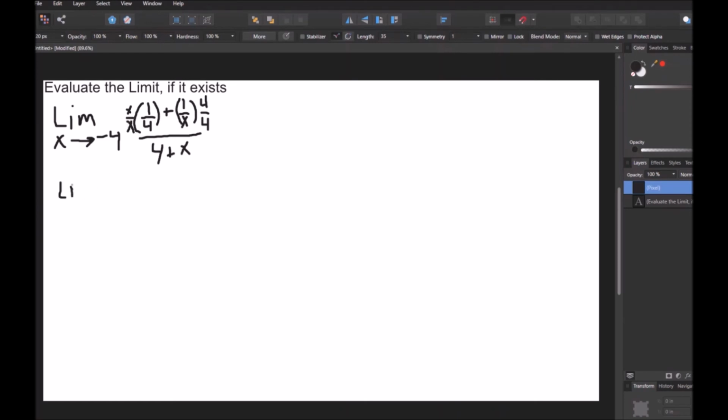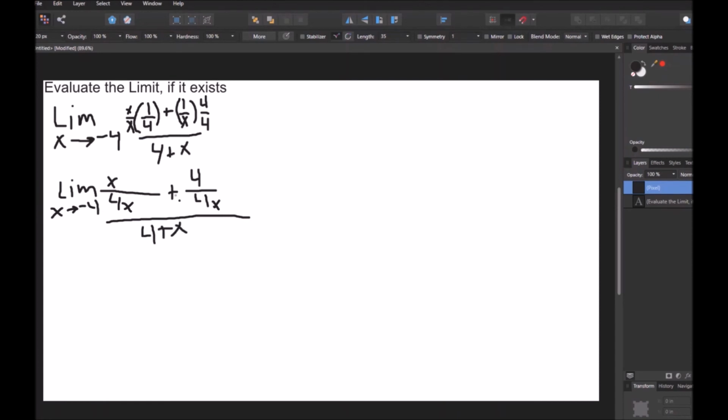which is going to give me the limit as x approaches negative 4 of x over 4x plus 4 over 4x, over 4 plus x.